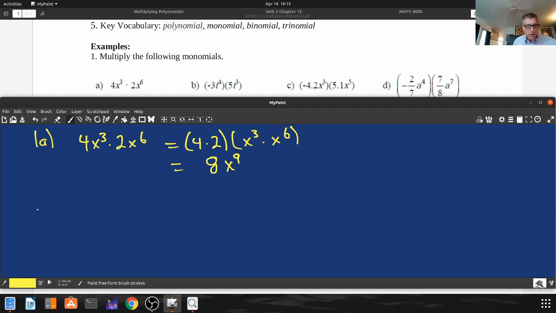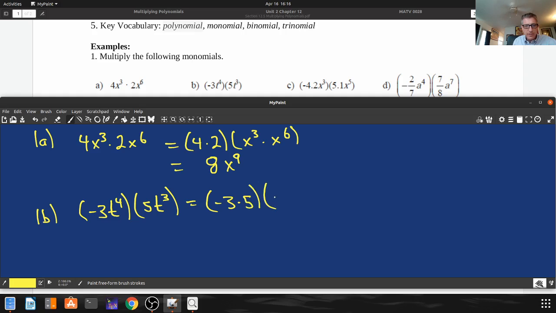We'll do 1b down here. So I have minus 3 t to the 4th times 5 t to the 3rd. Again, we just group together the coefficients, the like terms, and then the variable terms.